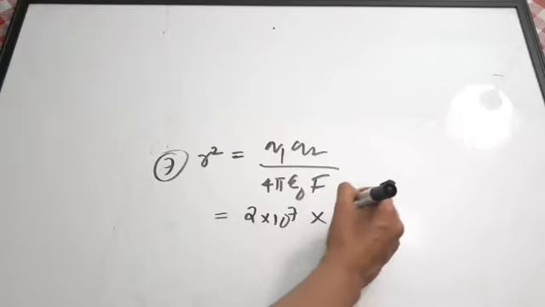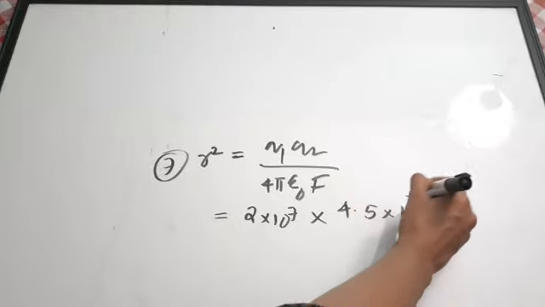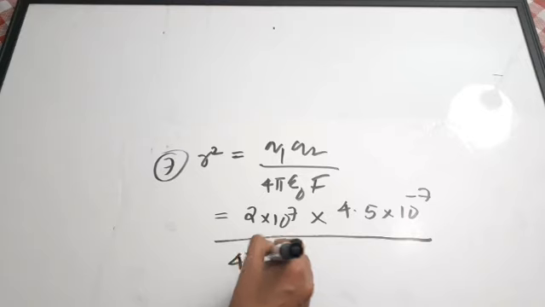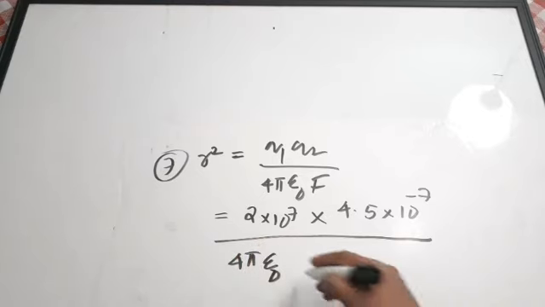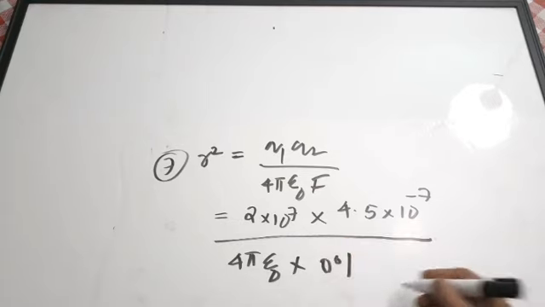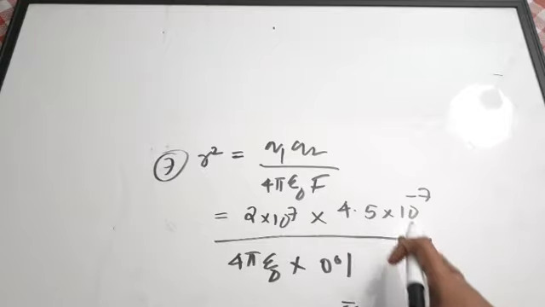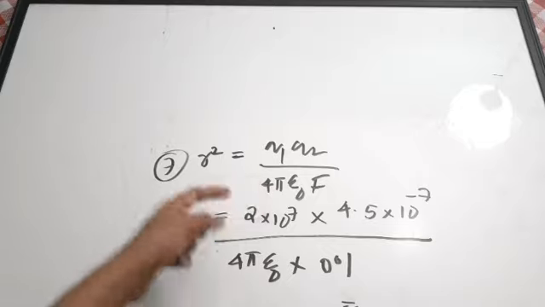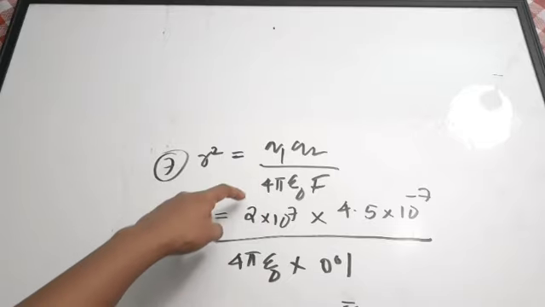Q2 is 4.5 into 10 raised to minus 7 Coulomb by 4 pi epsilon 0 into F. F is 0.1 Newton.